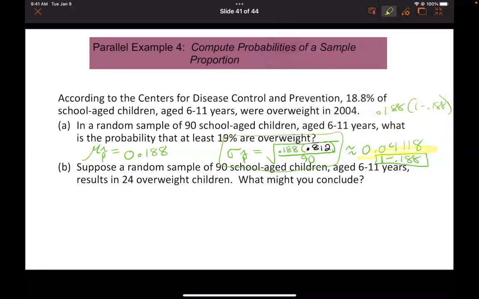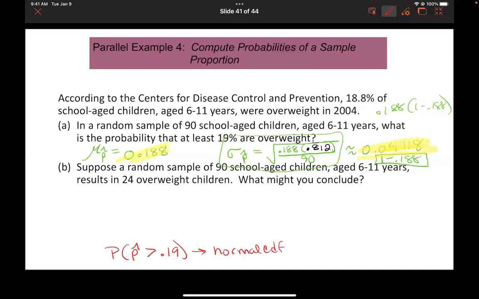All right, so we have this and we have this. So once again, we're looking at the probability that at least 19% are overweight. So I don't have enough room here, so I'm going to do it at the bottom. We're looking for the probability that P hat is greater than 0.19. And once again, we're going to use our normal CDF.